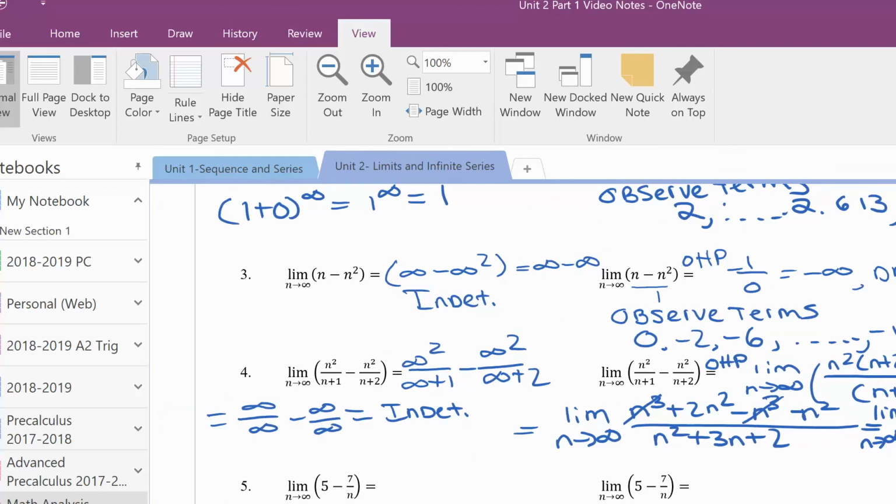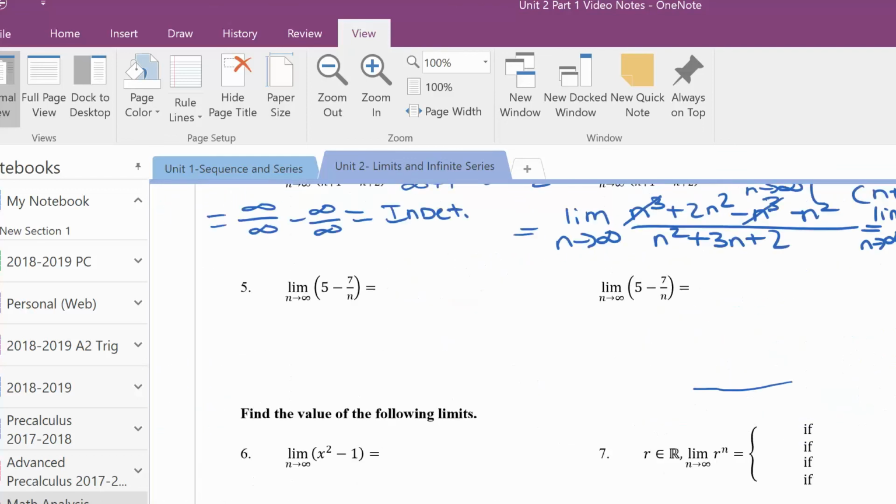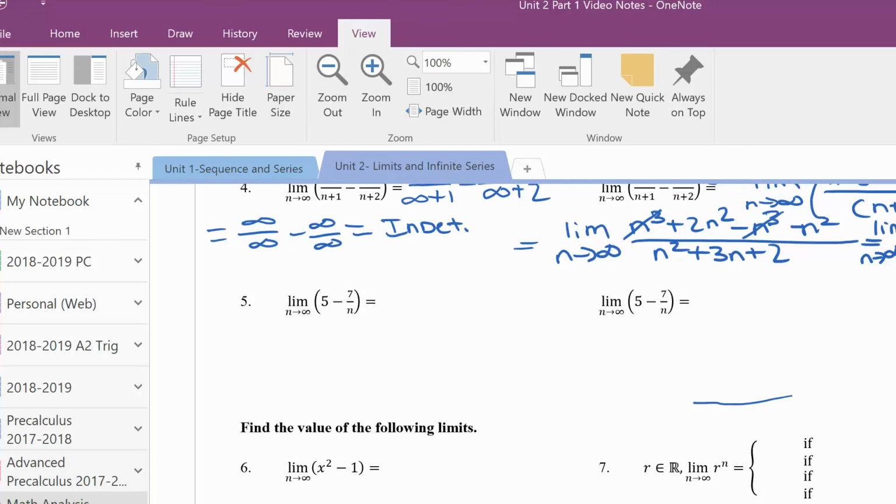All right, next. So the limit as n approaches infinity of 5 minus 7 over n, if we just do it with infinities, we get 5 minus 7 over infinity, which is 5 minus 0, which is 5.